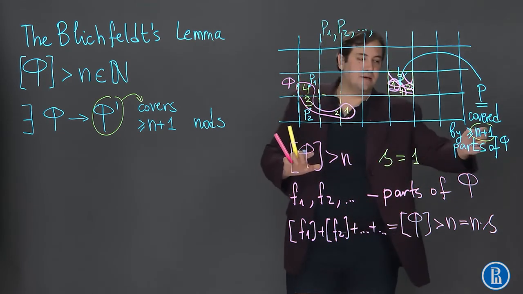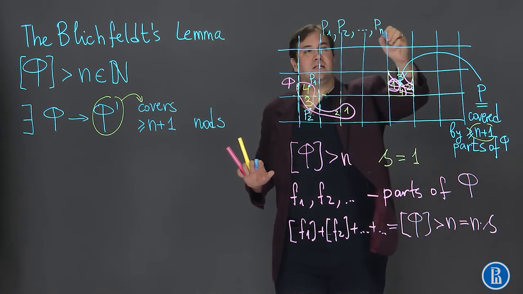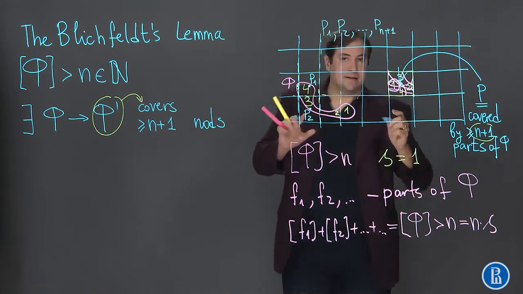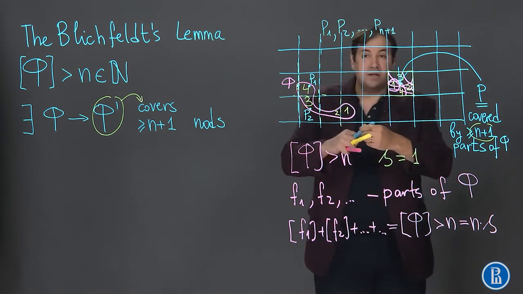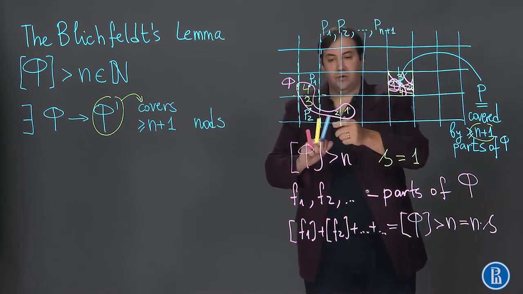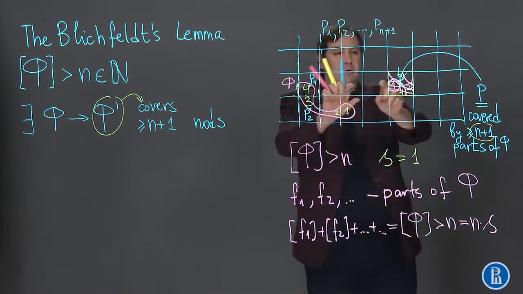And we understand that there are at least n plus 1 such parts, so there are at least n plus 1 such points.